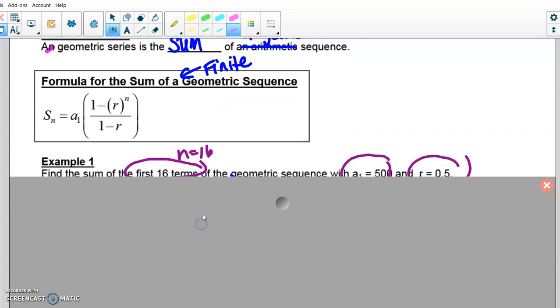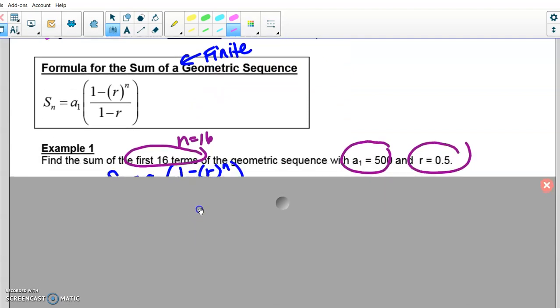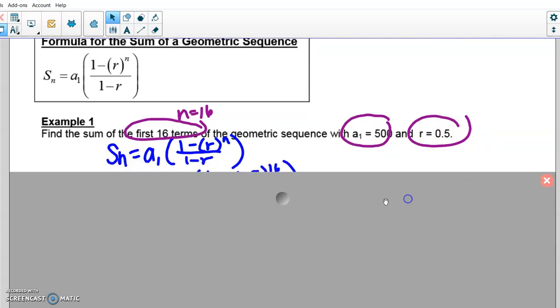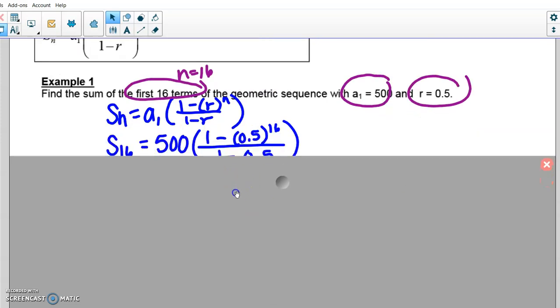So our first example says, find the sum of the first 16 terms, which just means n is 16, of the geometric sequence with a sub 1 equal to 500, which means our first term is 500, and our common ratio is a half. So again, we're going to follow this sum of a geometric sequence formula and plug in everything we know.